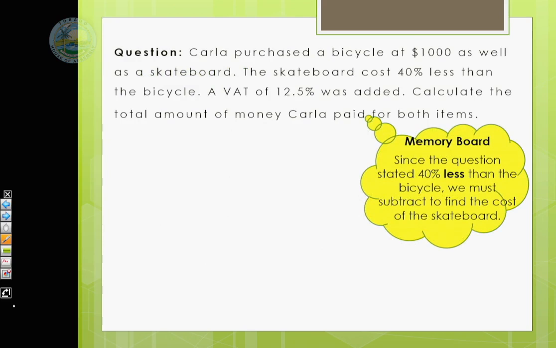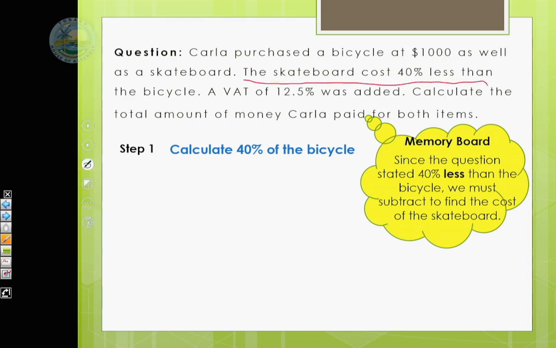And as we said, V.A.T is a charge added to the cost of items purchased. The question said the skateboard cost 40% less than the bicycle.